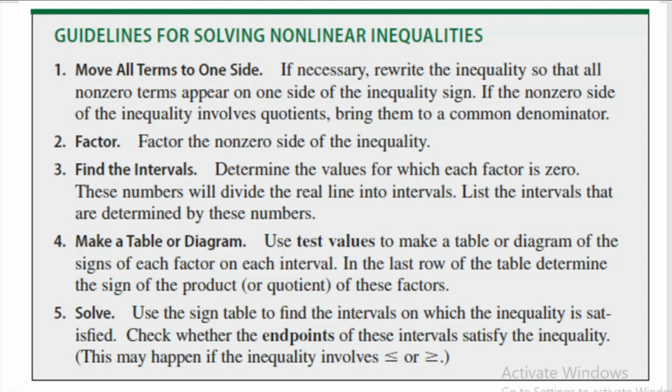Here are the guidelines for solving nonlinear inequality. Number 1, move all terms to one side. If necessary, rewrite the inequality so that all non-zero terms appear on one side of the inequality sign. If the non-zero side of the inequality involves a quotient, bring them to a common denominator.